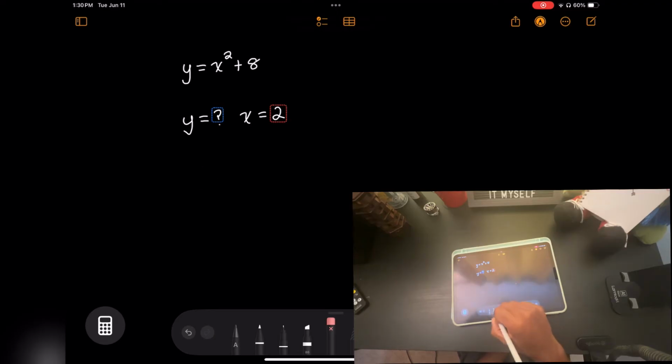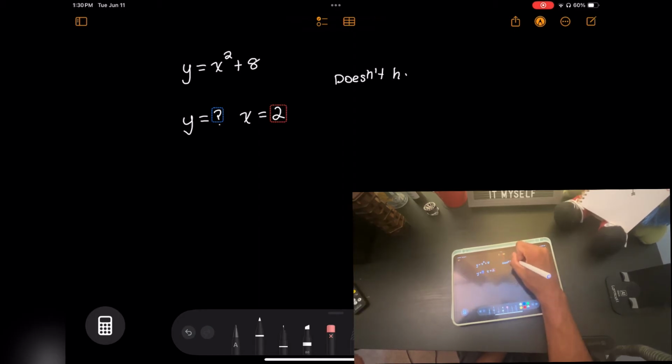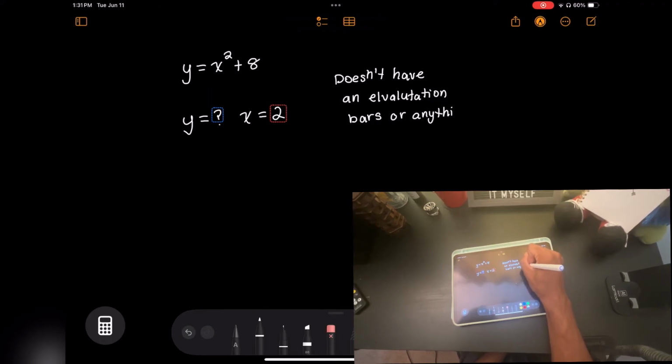One, it doesn't have an evaluation bar or anything equivalent.